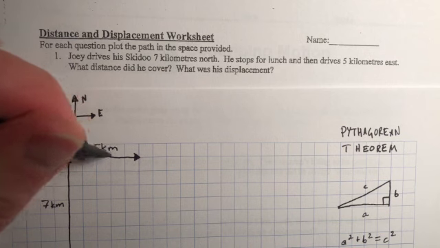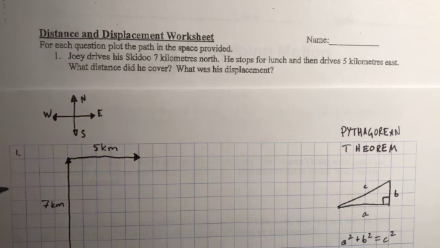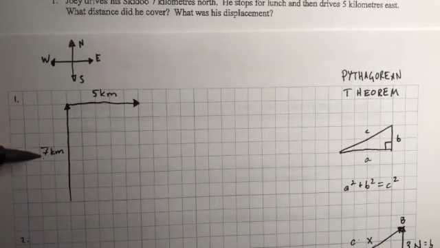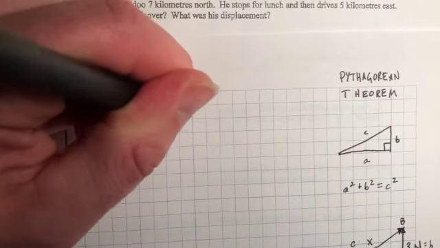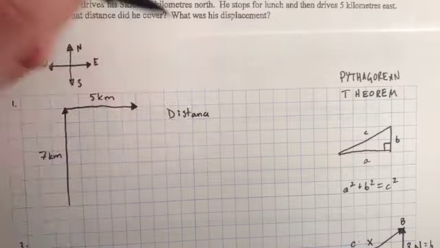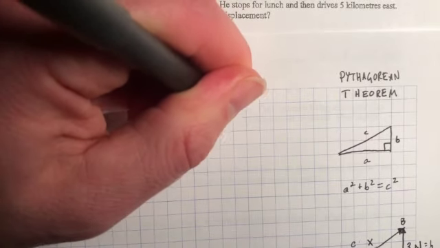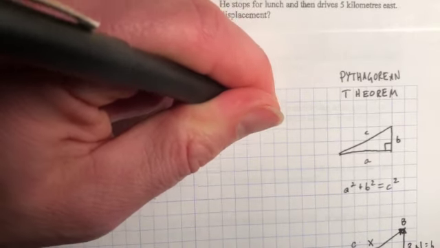Now, his distance is going to be where he actually went. So distance will be 7 kilometers plus 5 kilometers.